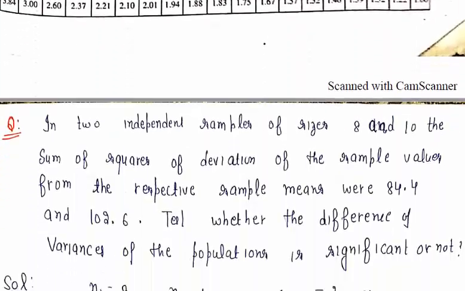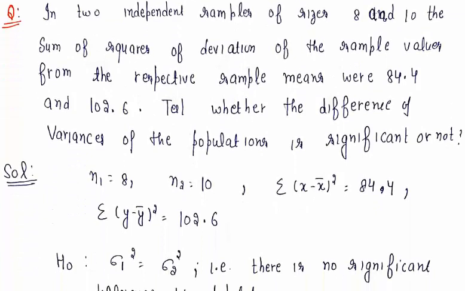So now we discuss the numerical problem for the F test. In two independent samples of size 8 and 10, the sum of squares of deviations of the sample values from respective sample means were 84.4 and 102.6.